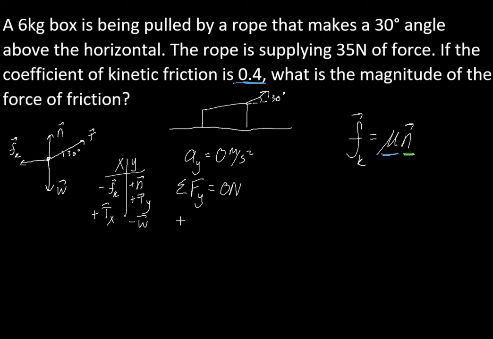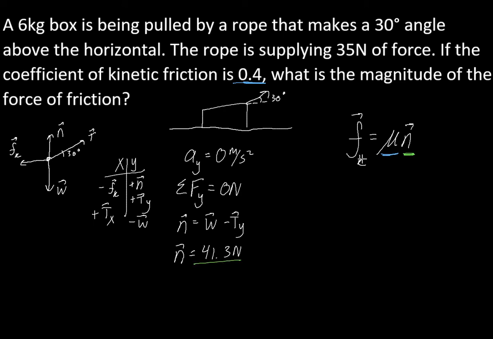So using the same information from the last video on normal force, I can find out that the normal force is equal to the weight minus the tension in the y direction. Going through and plugging in all those numbers, in the last video we discovered that the normal force was 41.3 newtons. So now that we know the normal force, we can go ahead and plug it in.